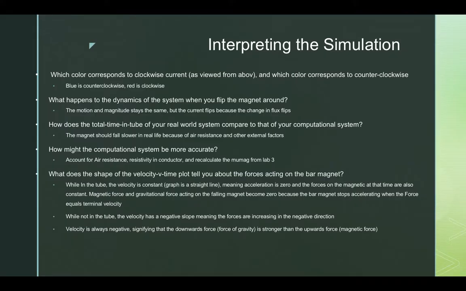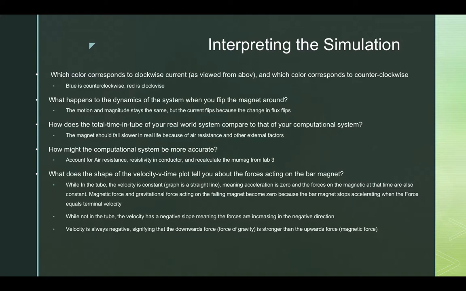So in this simulation, we know that blue is counterclockwise and red is clockwise to show the direction of the current around the tube. We also know that should we flip the magnet around, the motion of the magnet stays about the same, but the current flips because the change in flux flips.